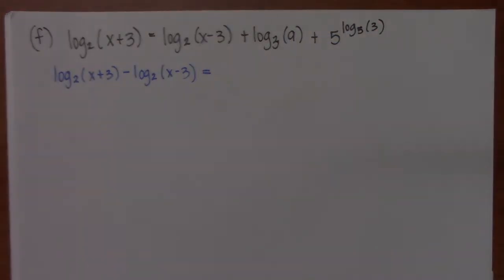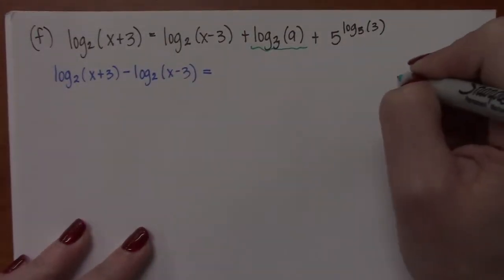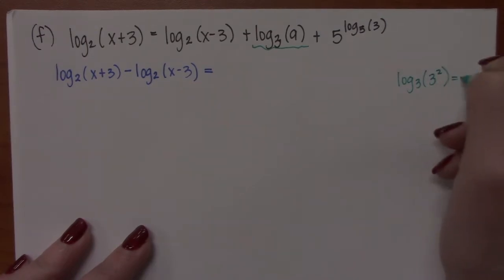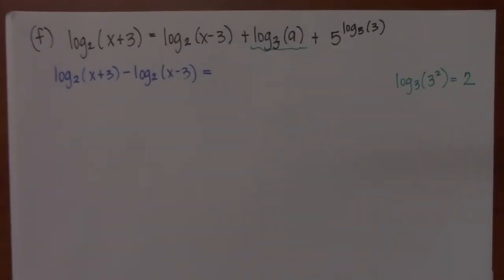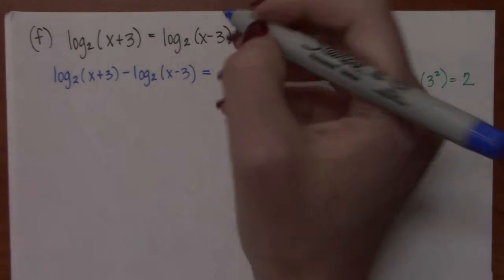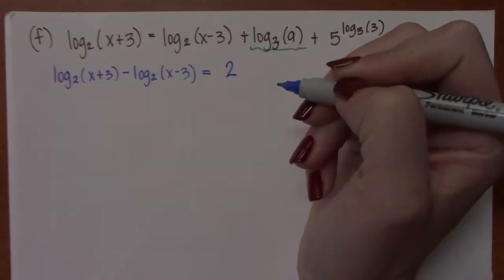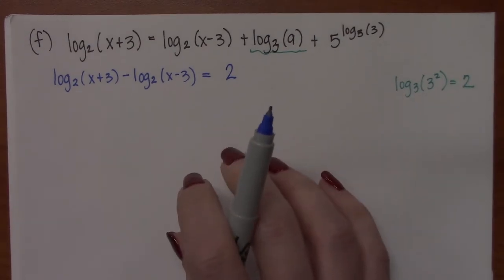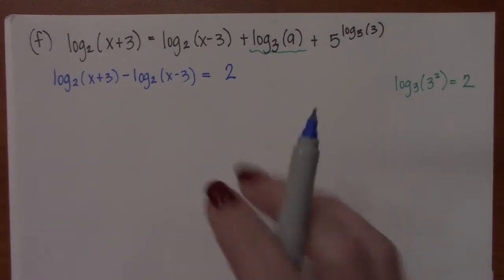It just drops the exponent down. So this guy is just 2, right? What about 5 to the log base 5 of 3? It's just 3.